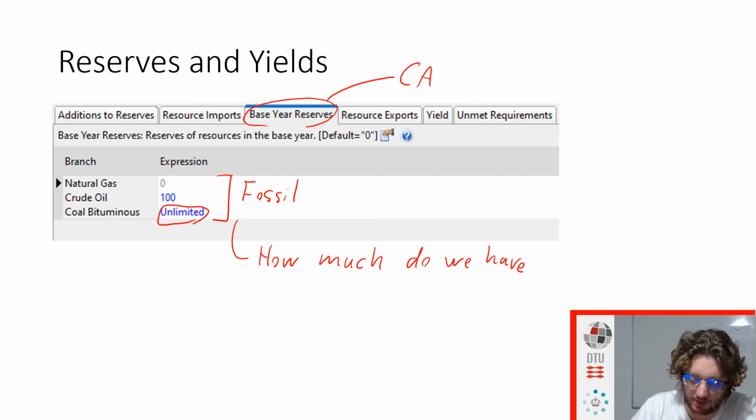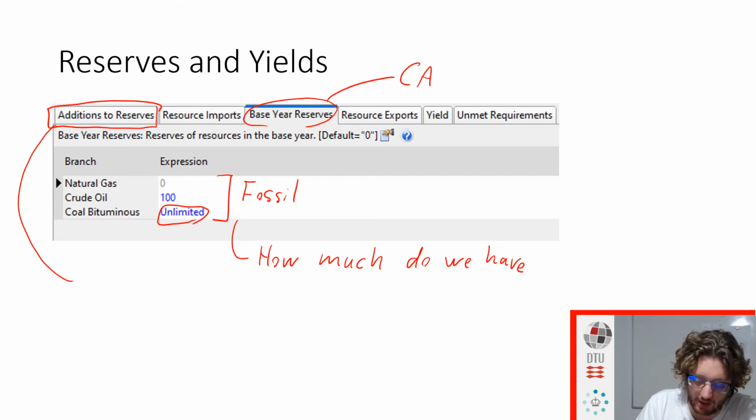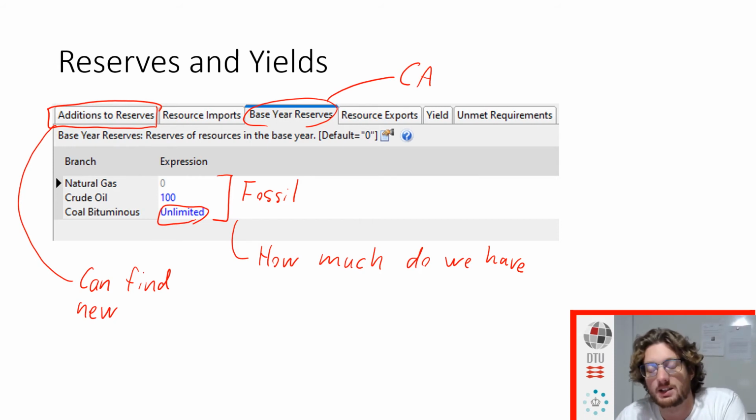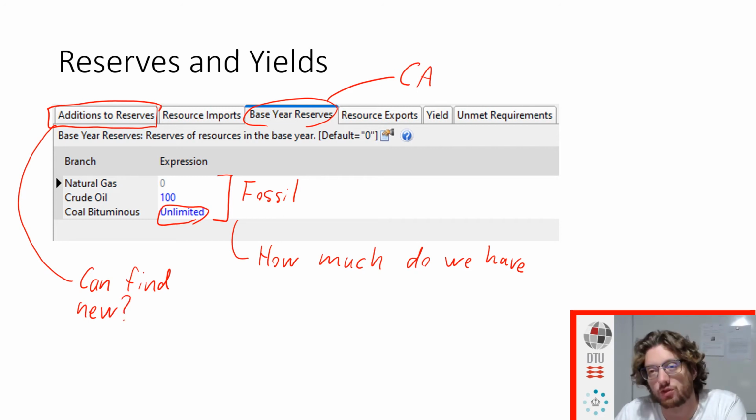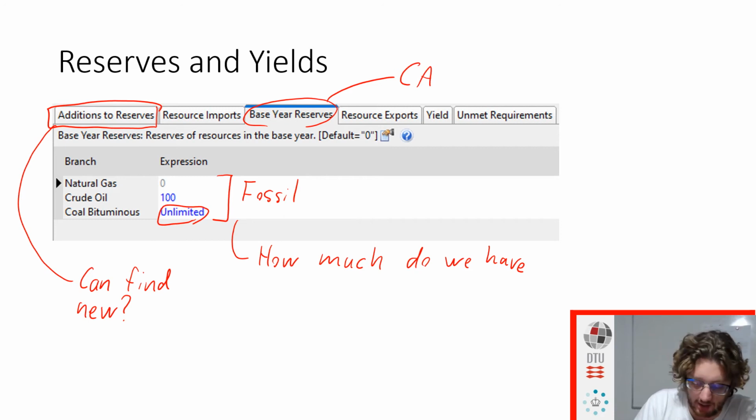Now, additions to reserves is if we can find something new, maybe there's a new technology, maybe we have an idea that there might be a new oil field opening up or something like that, then that's where we come into additions to reserves, and that is in projection scenario.